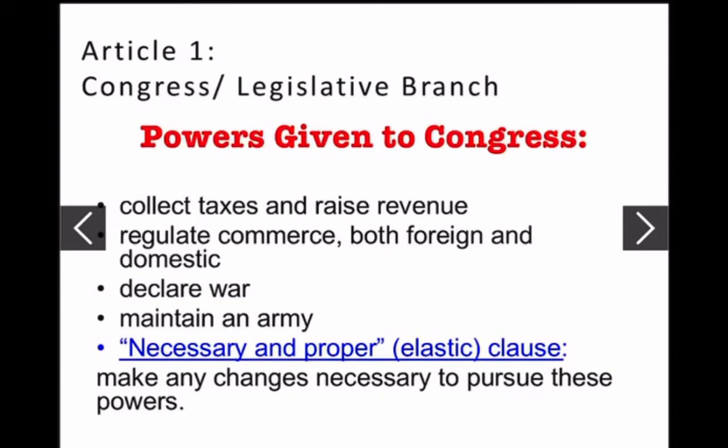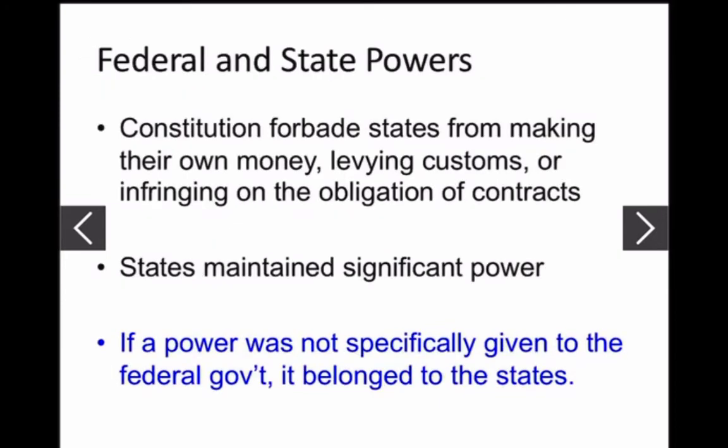However, when you get to this part over here, and we're going to talk about it in the Bill of Rights, any power that is not specifically given to the federal government and not denied to the states belongs to the states. So as you can see, both of these provisions are kind of contradictory to one another. One says that anything that is necessary and proper belongs to Congress. The other one says that anything not specifically denied to the states belongs to the states.